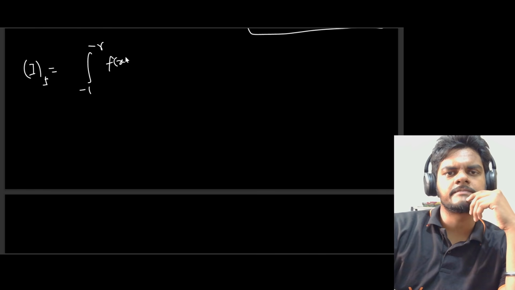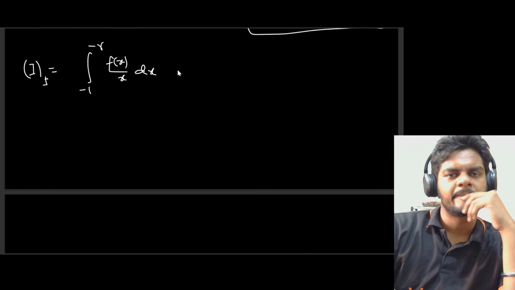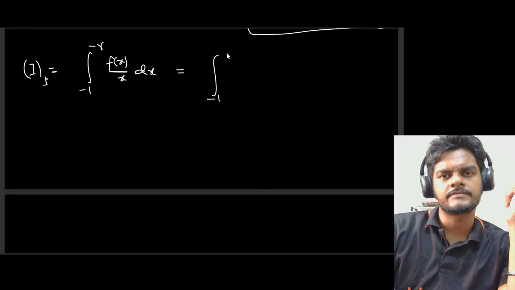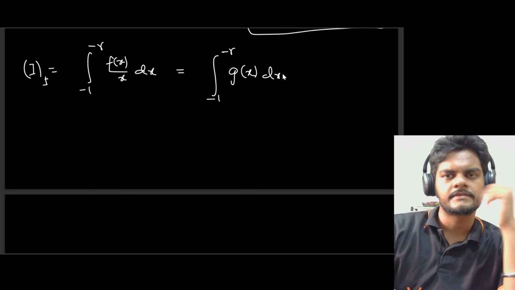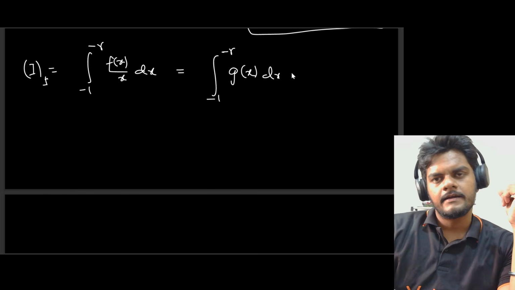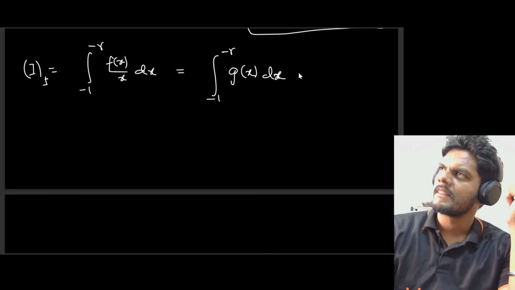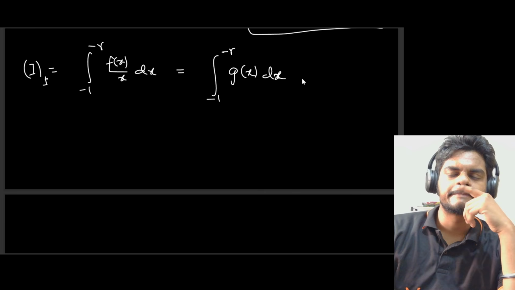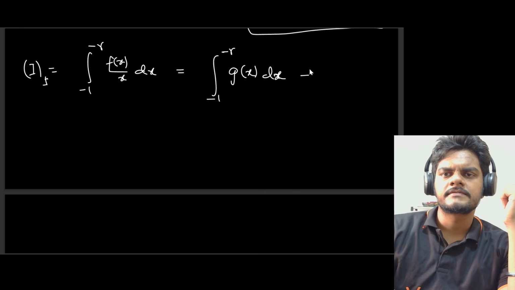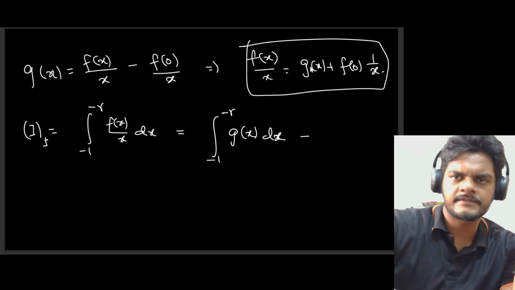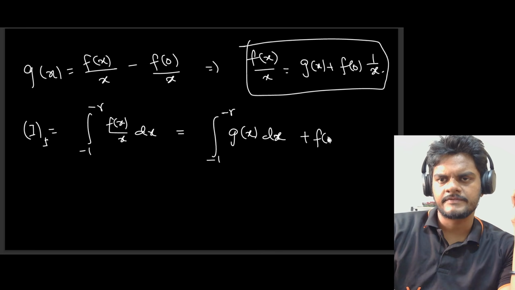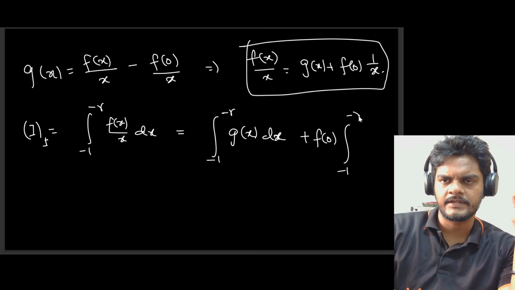The integral of f of x by x dx will be equal to the integral from minus 1 to minus r of g of x dx plus f of 0 times the integral from minus 1 to minus r of 1 by x dx.